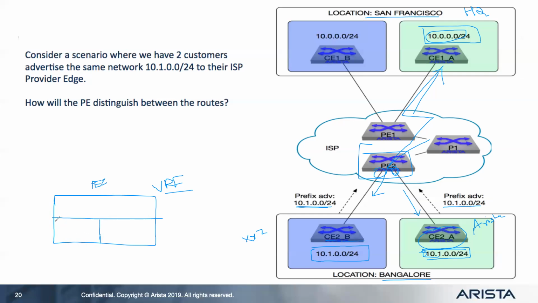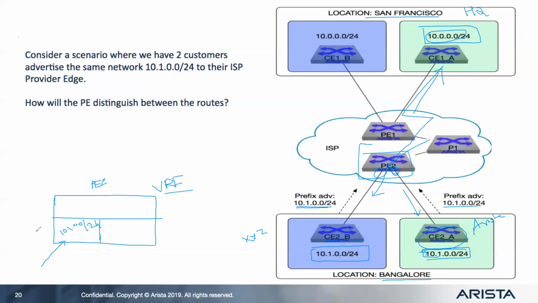You can consider it as a virtual division. For customer B, whatever route you receive here, that is 10.1.0.0/24, will be stored in this VRF routing table.